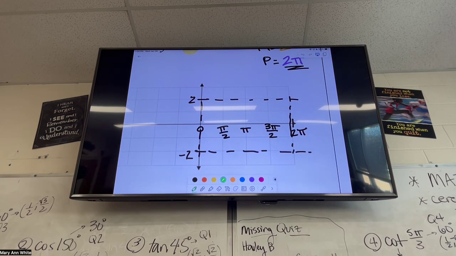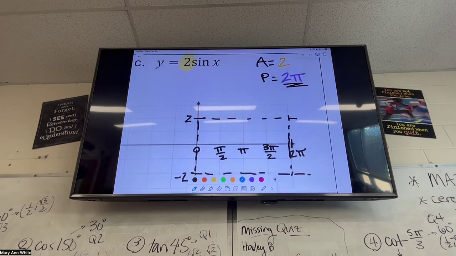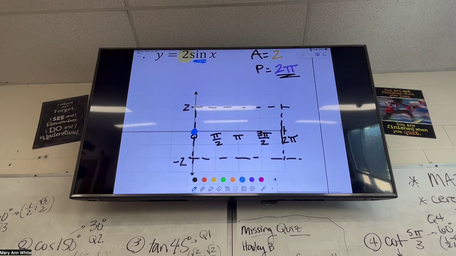Okay. And so we are doing our sine function. Can you remind me where does sine start? Does it start at the highest point, the middle point, or the lowest point? Middle point, good, at 0. And then do I go up or do I go down? Up, good. Then my next point is in the middle. Then I go down.